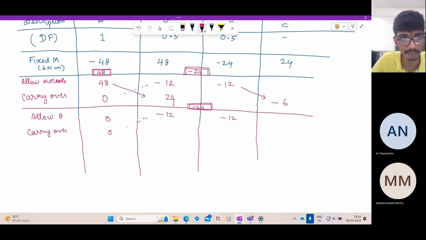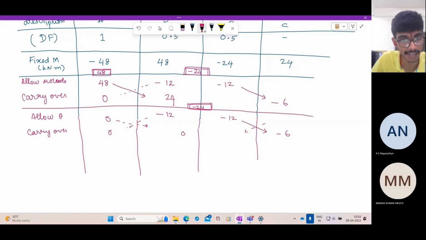So it remains 0. But here it gets carried over, because here you're allowing rotation. So from here you get -6 again. From the fixed end, nothing gets carried over here, so here it is 0. Actually 0/2, which is 0, gets carried over.